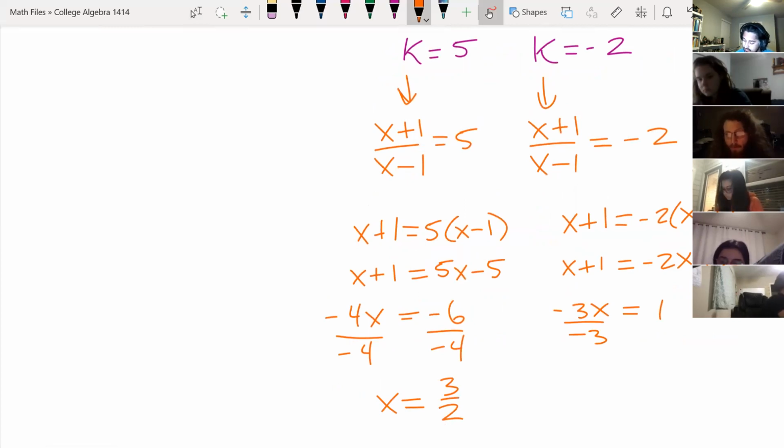And then divide by -3, and x is going to be -1/3. Or should they both be positive? Did I mess up a sign somewhere? Negative 2x plus, oh yeah, when I add that 2 over, it's positive. So yeah, watch your signs.